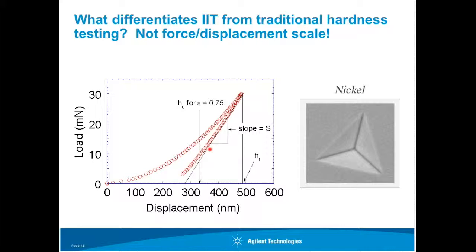Traditional hardness testing never has and never will give you a Young's modulus, for example. But instrumented indentation testing, because we are monitoring the recovery of the material during the withdrawal of the indenter, does give us the elastic properties of the material, and one of those is Young's modulus.